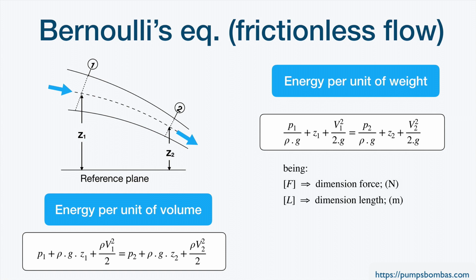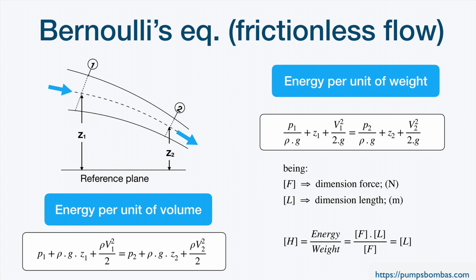Being F the dimension force and L the dimension length, what we have is this. The head H expressed as energy per unit of weight is F multiplied by L divided by F. The result is L, dimension length, a height in this case.